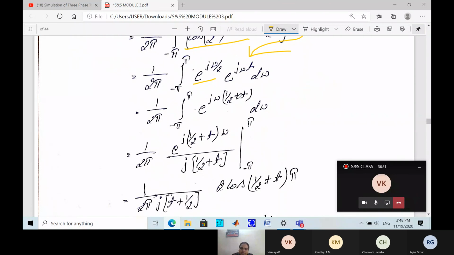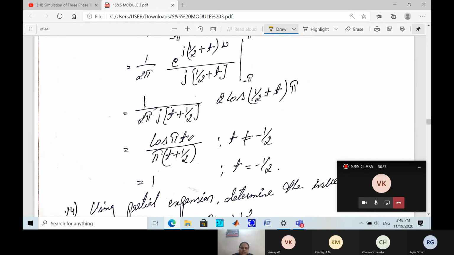Integrate this, apply the limit from minus pi to plus pi and resolve. You will get cos pi t divided by pi t plus 1 by 2 when t is not equal to minus 1 by 2. When t is equal to minus 1 by 2, you will get 1. Just integrate this and you will get this equation. Based on that, it is written here.